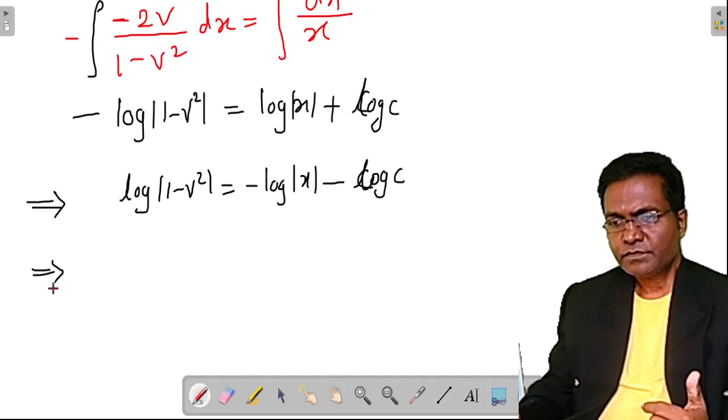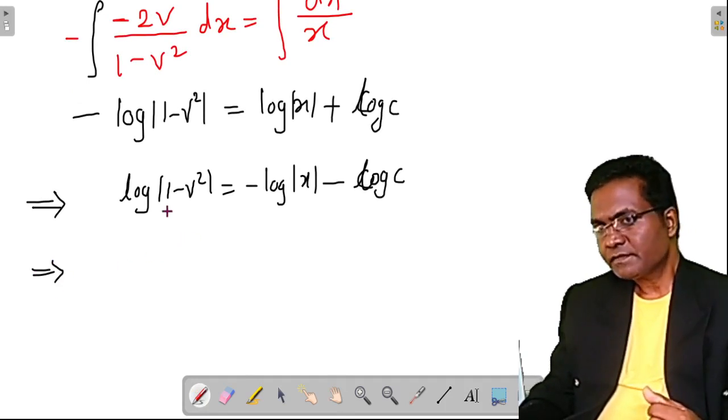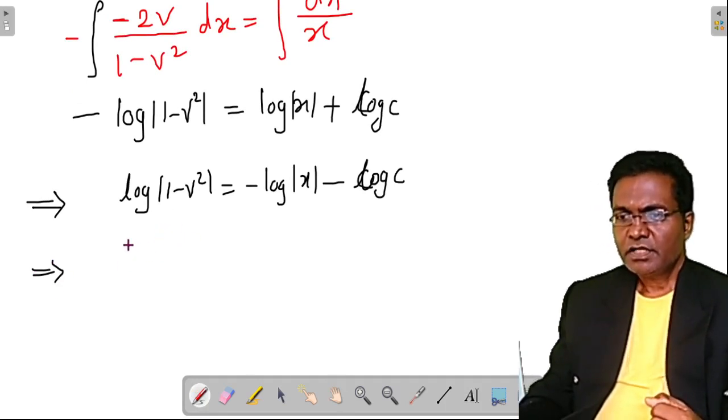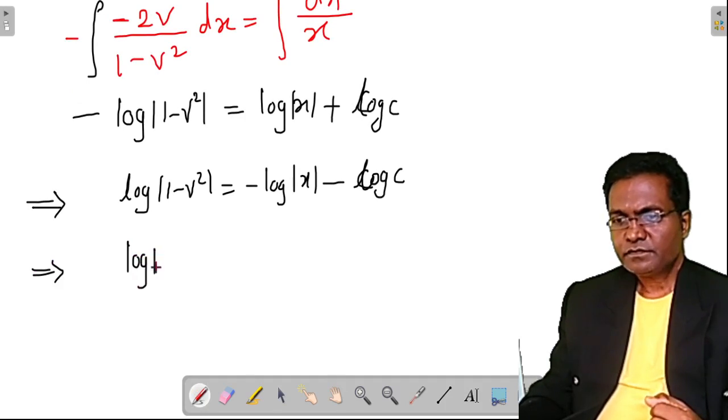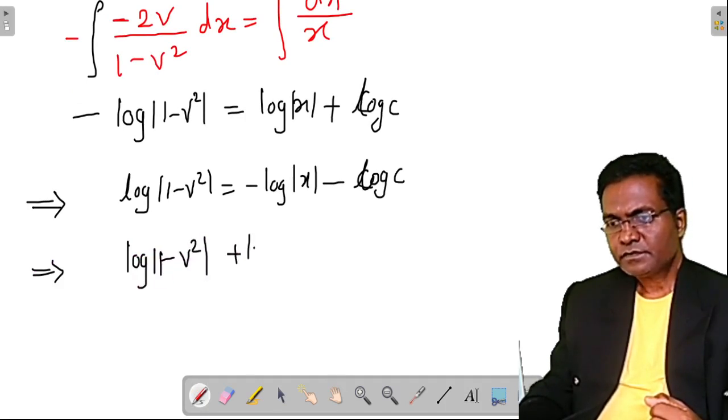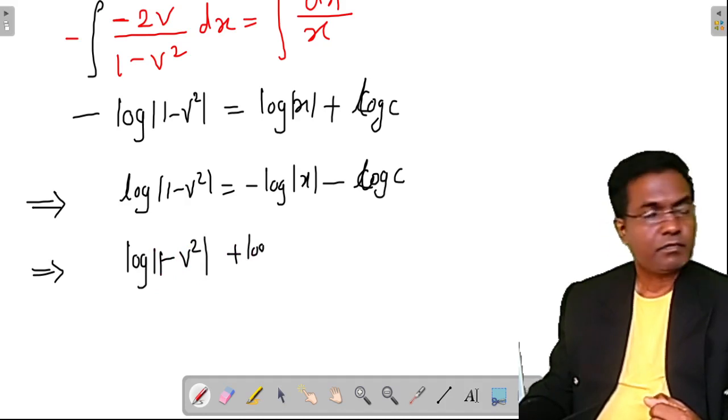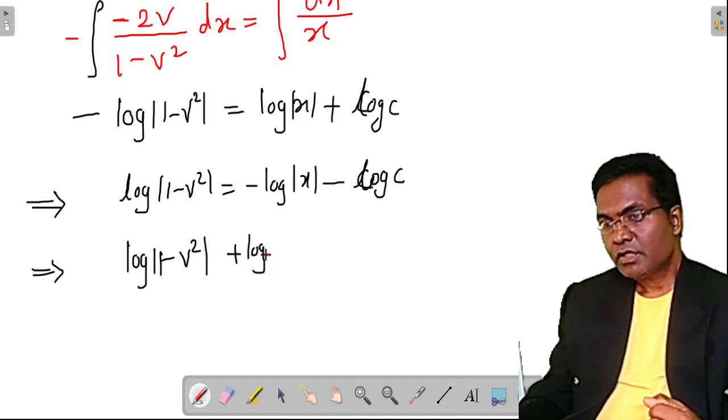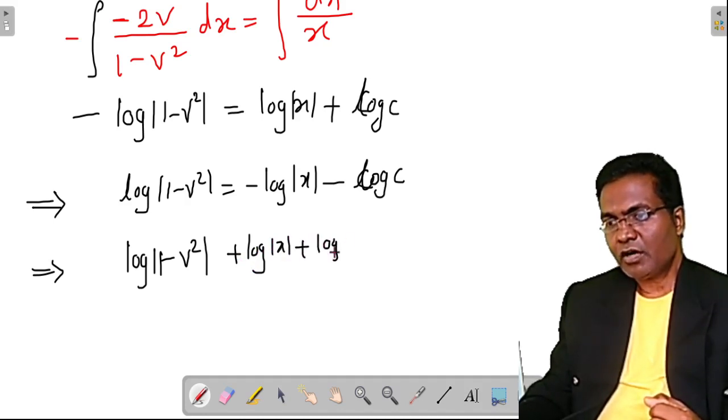So you may write it as log of (1 minus v square) plus log of x plus log of c equal to 0.